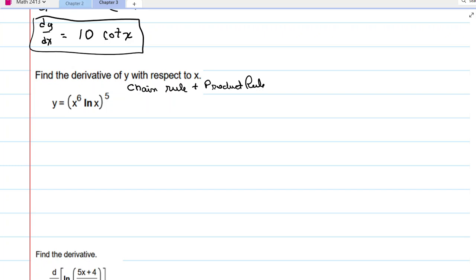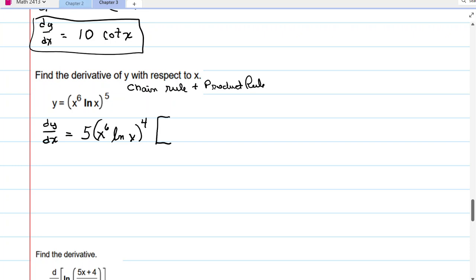Outside, and then the inside. So I'm going to have dy/dx equals 5. And I'm going to go slow. x to the 6 ln x to the, this is a power rule, so it's going to be to the 4th. Now I'm going to do the product rule with the inside. So here I go. Now it's the inside. I'm going to do a bracket because it's a product rule.